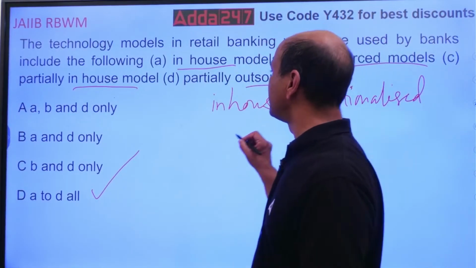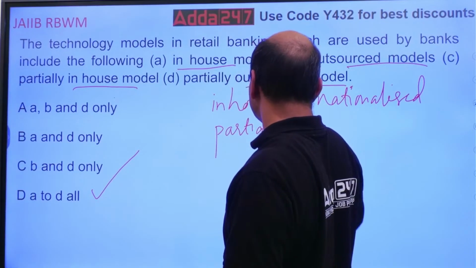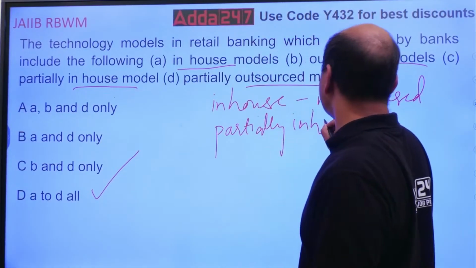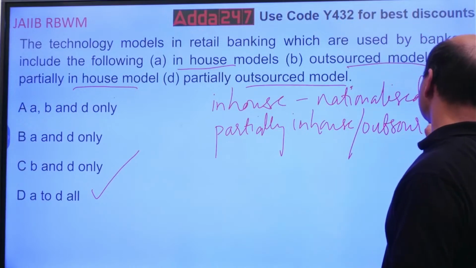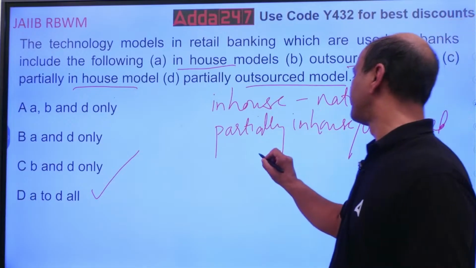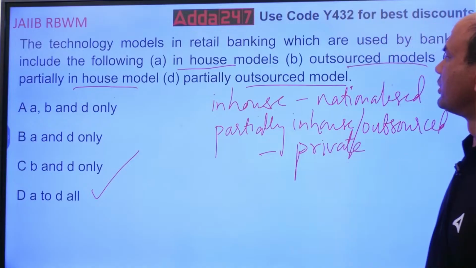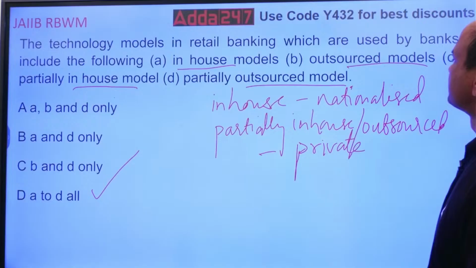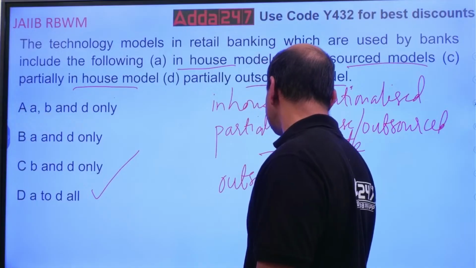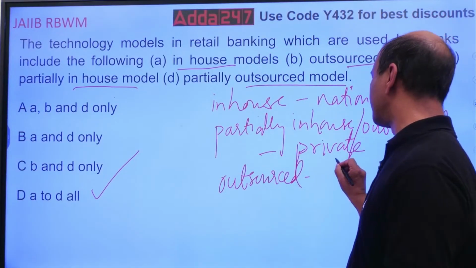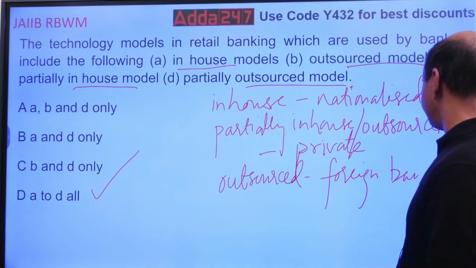Partially in-house and partially outsourced, both of them I'll combine, that is followed by private banks, old age, new age, both. And completely outsourced, that is generally followed by foreign banks.